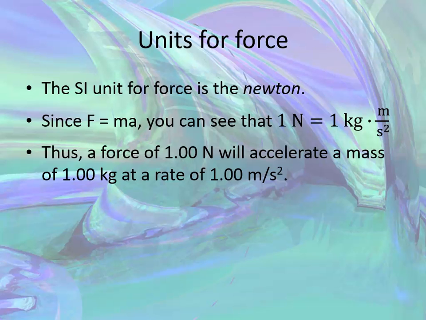So eventually people said, okay, we need to give a name to these units so that we don't have to keep writing this cumbersome kg·m/s². So we're going to call that a newton, after Isaac Newton. A force of 1 newton will accelerate a 1 kilogram mass at a rate of 1 meter per square second. That's the definition of the newton.